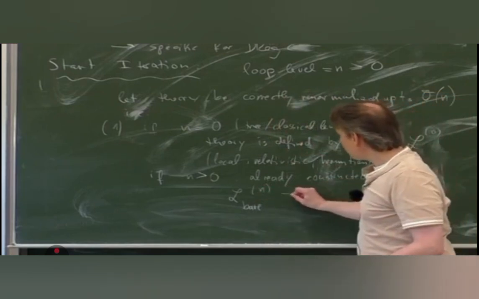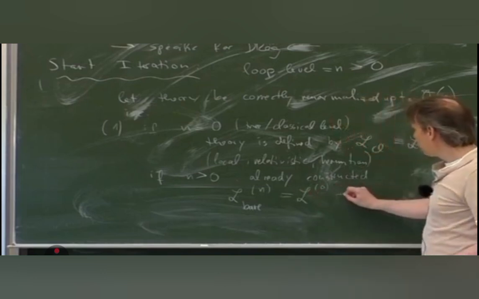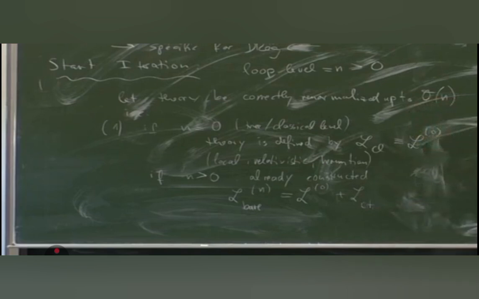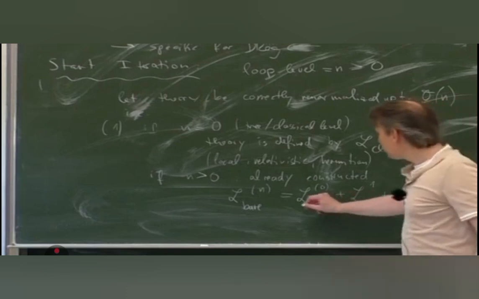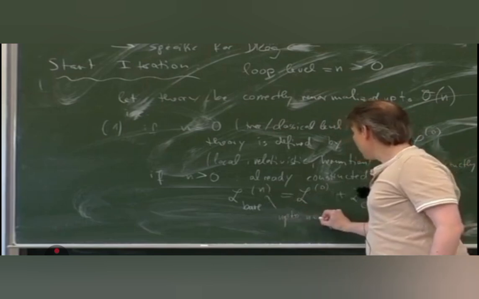And this is a combination of the classical Lagrangian, L0, plus a so-called counterterm Lagrangian, CT stands for counterterm, with index 1 for one loop, plus and so on, up to the counterterm Lagrangian with superscript n. The superscript without brackets means strictly n loop counterterm Lagrangian, and the superscript n in brackets means up to n loop.